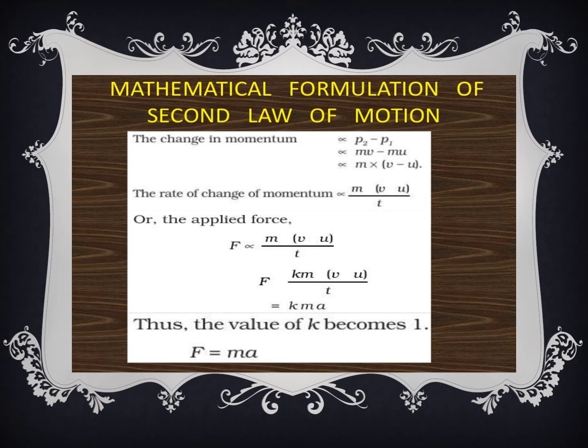So the equation modifies to F = km multiplied by the acceleration. Here k is the constant of proportionality and the value of k is equal to 1. So from this mathematical formulation of the second law of motion, we get F = k × m × a.